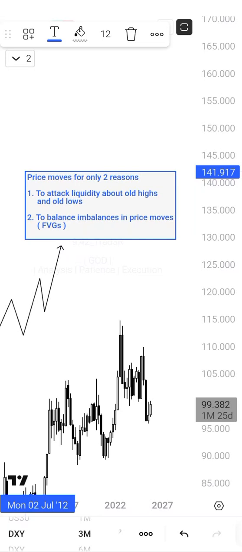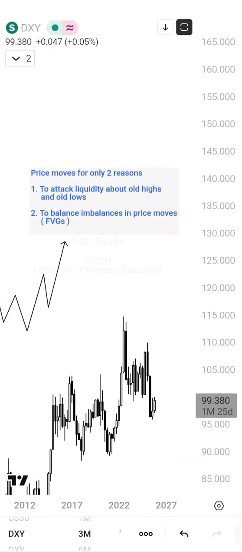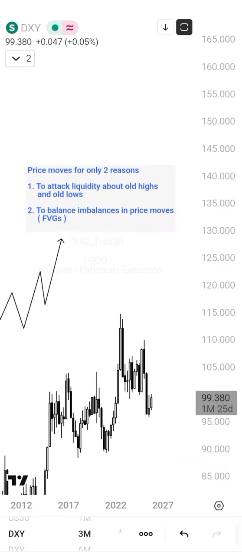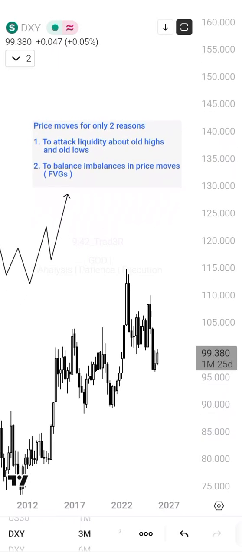To attack liquidity above old highs and below old lows, and to balance imbalances in price move, which is fair value gap. So once you're aware of this, you're aware of why price moves, then you can now use that awareness when analyzing the higher time frame.